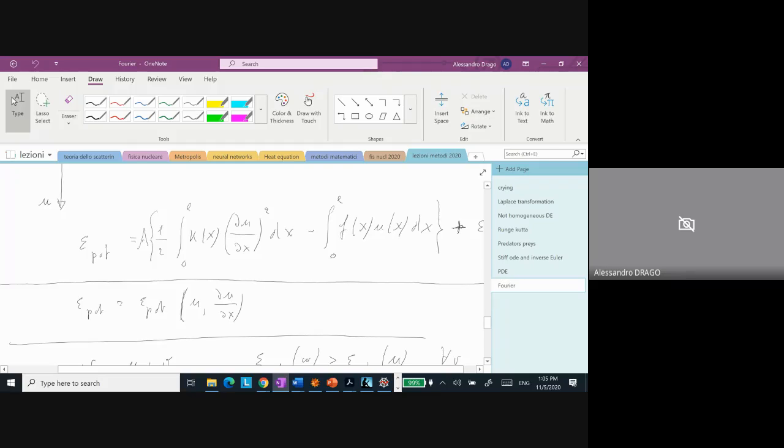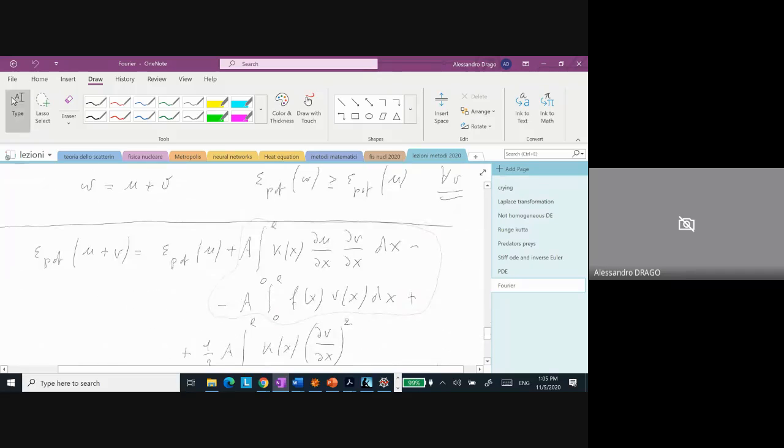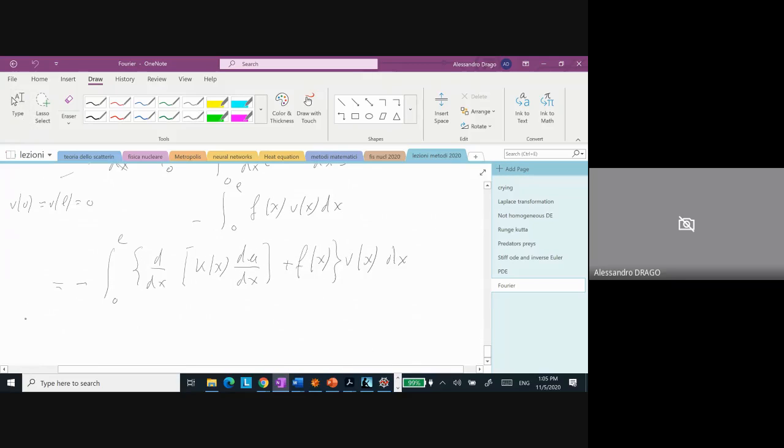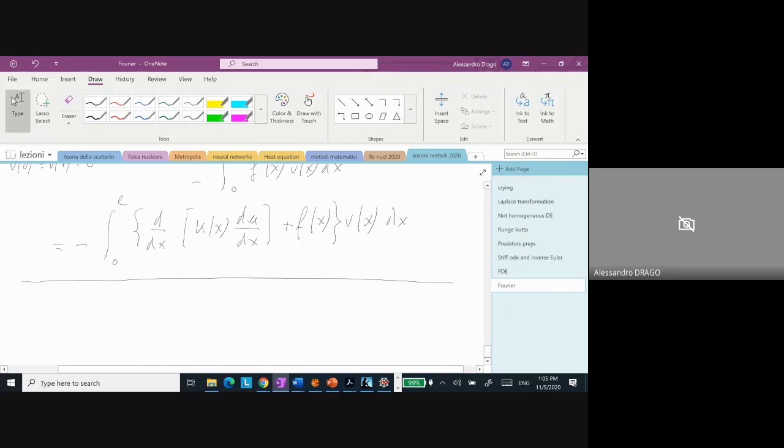Before doing that, let me make a little comment. Let me rewrite a moment again what we have written. So we have written the potential energy, that depends on, you recall that I wrote it depends on u and on du over dx.